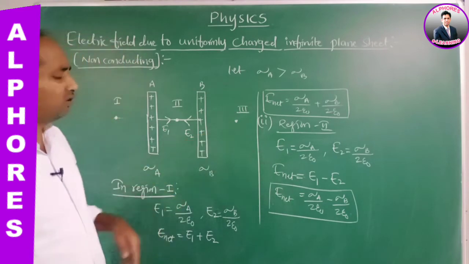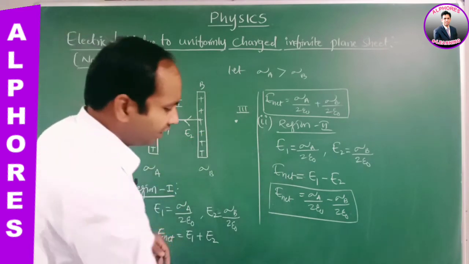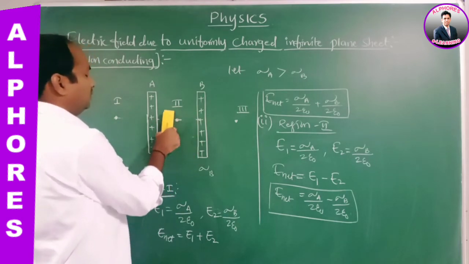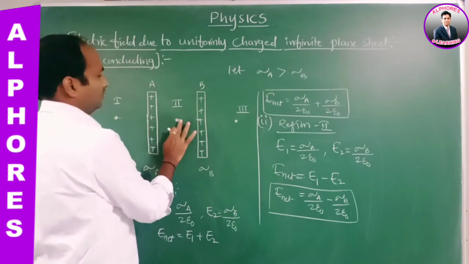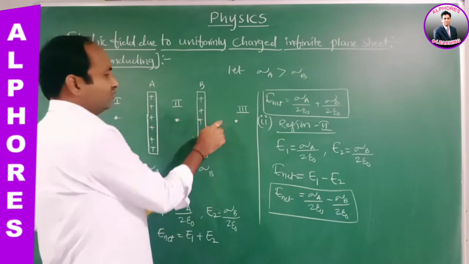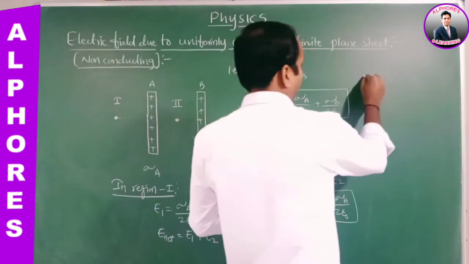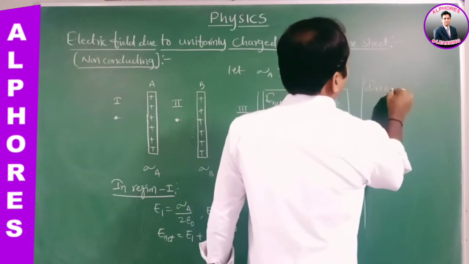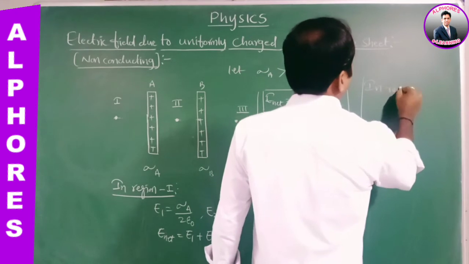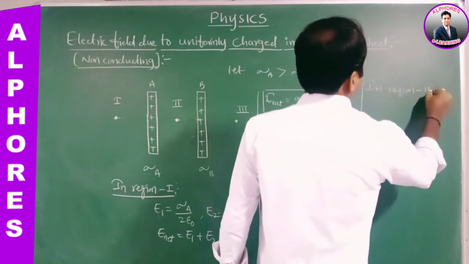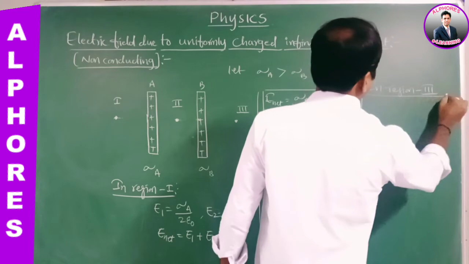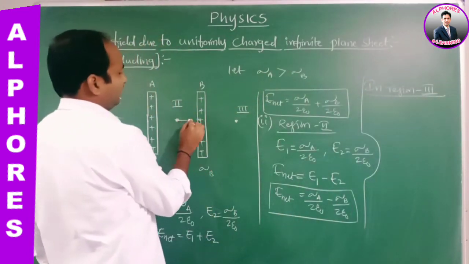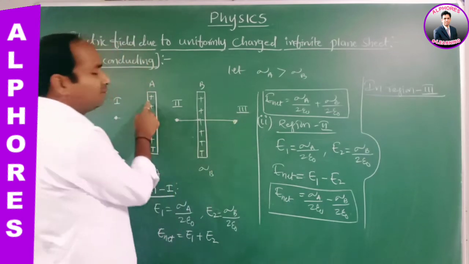Now coming to the third one. The second case is completed, we should find the third case, in region 3. What is the electric field intensity at region 3 due to plate A?